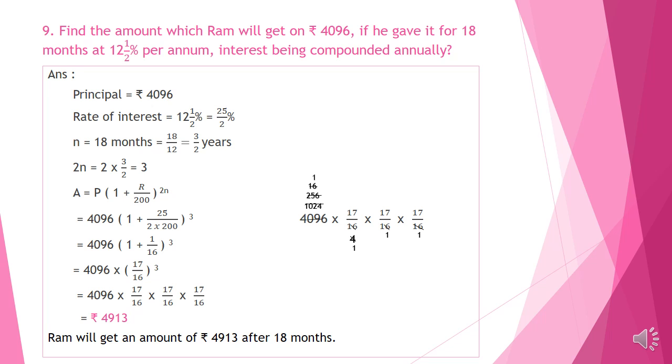Okay, and here we have to apply the formula A is equal to P into 1 plus R by 200 raised to 2n, and P is rupees 4,096, rate of interest is 12.5%. n is 18 months, we have to change into years, 18 by 12, that is 3 by 2 years, and 2n is equal to 2 into 3 by 2, 2 get cut, and we get 3, that many half years.